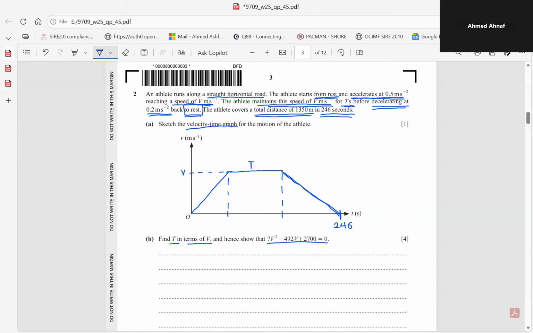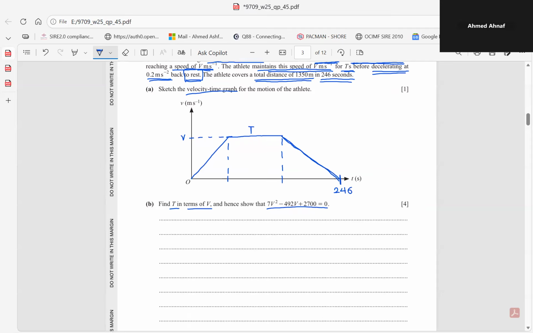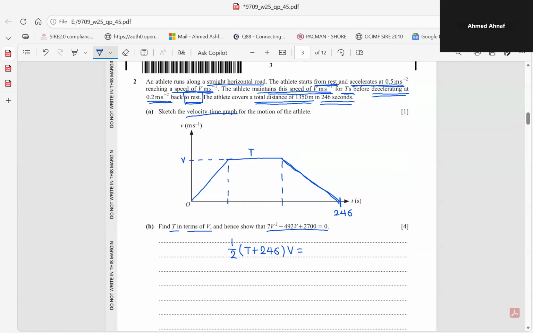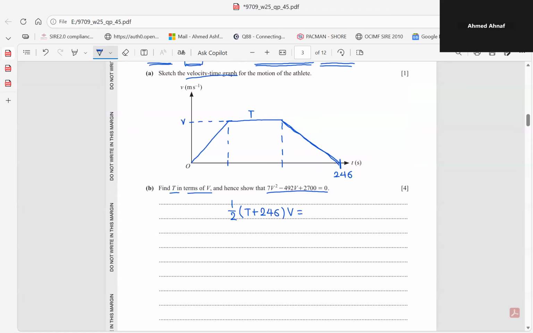I think that's all we have to know for the area under this graph. So let's put the formula. The area for a trapezium is half times the length of the parallel sides, which is t plus 246, times the vertical height, which is v. And this would be equal to 1350.